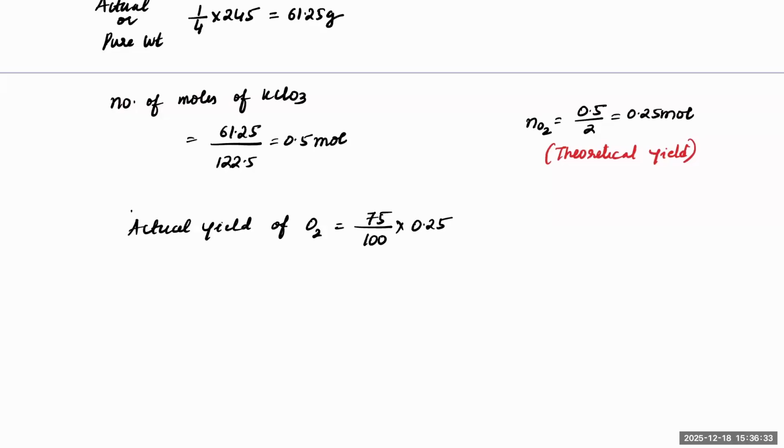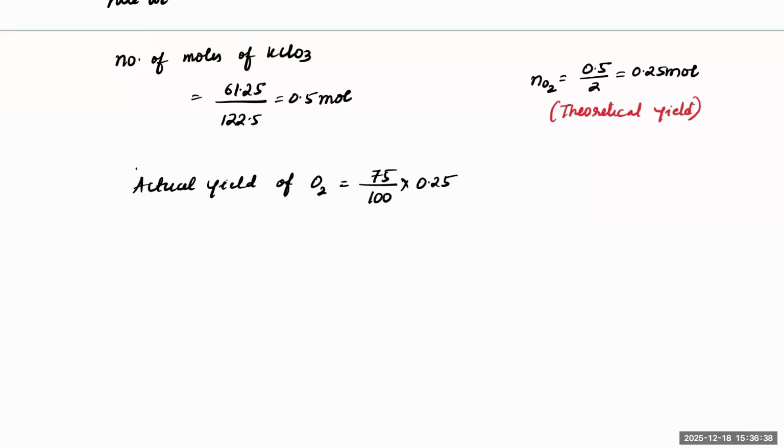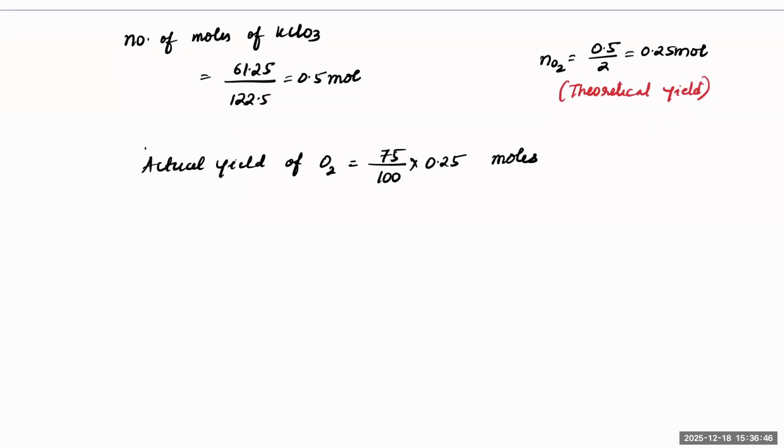Now the number of moles is what we have, isn't it? And if I put this in, 75 by 100 is 3 by 4, and 0.25 is 1 by 4.